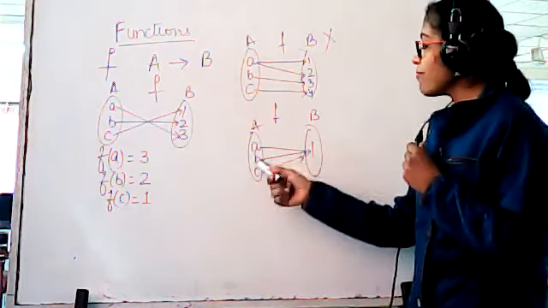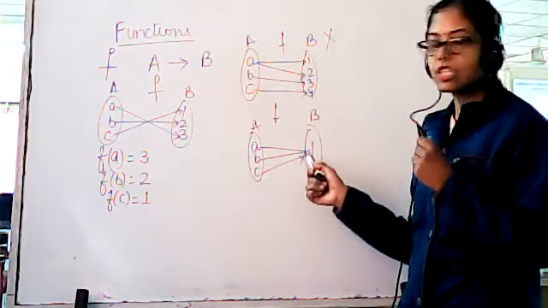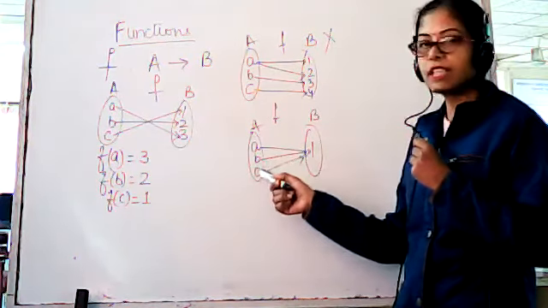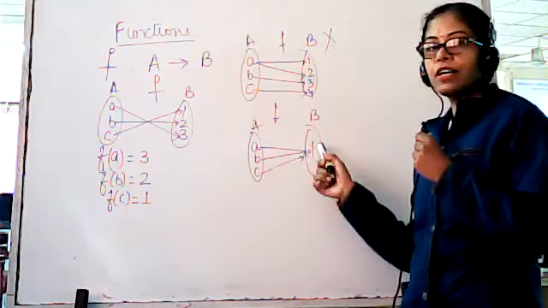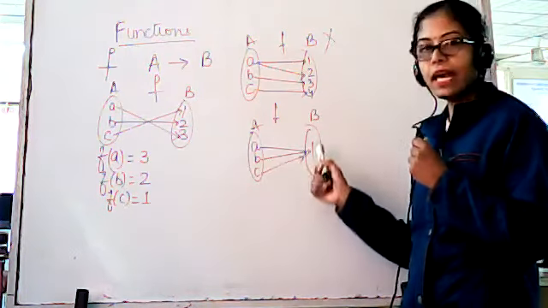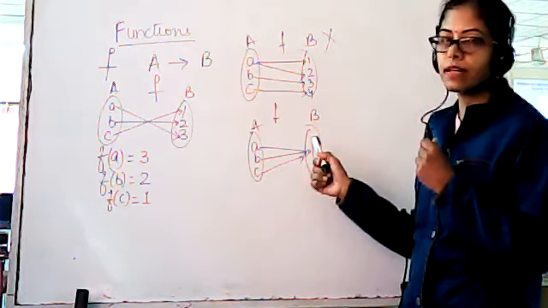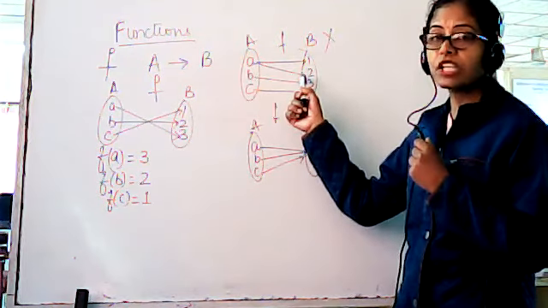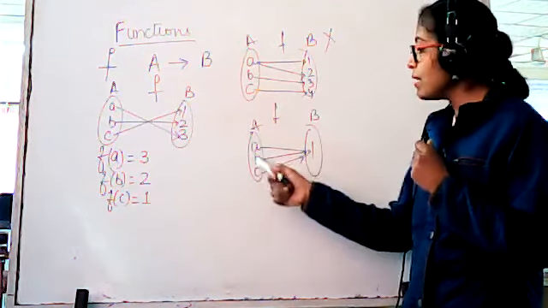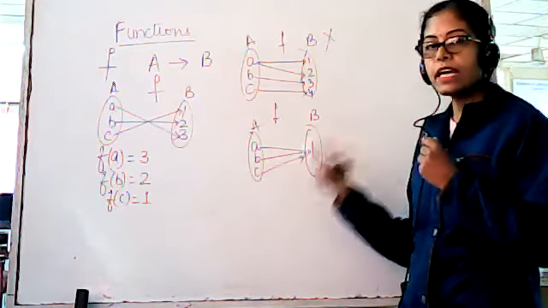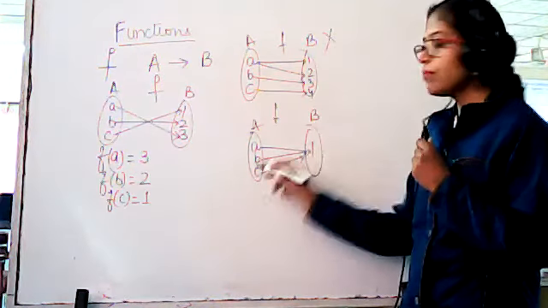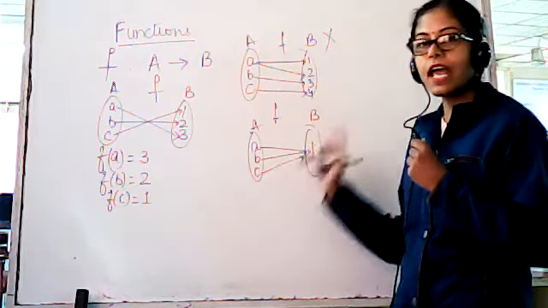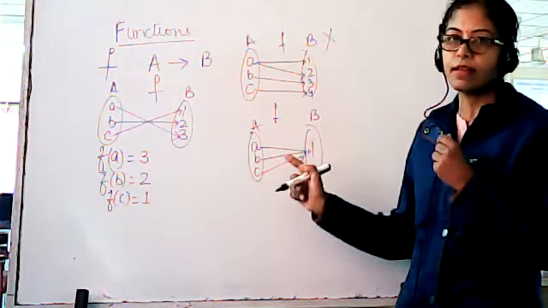No doubt, every element has the same image, but according to our definition, every element of set A has a unique image. Every element should have only one image, not more than one. Here element a had 2 images, so that was not a function. Here every element has one image, a's is 1, b's is 1, c's too, that makes no difference, but every element should have one image, not more than one.